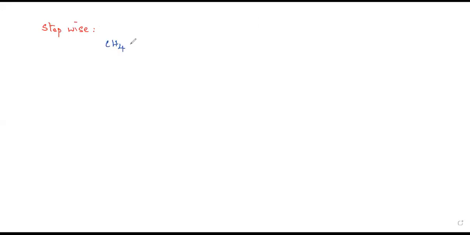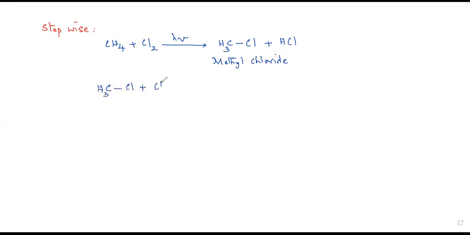See, in the first step, methane reacts with chlorine in the presence of sunlight. A hydrogen free radical is replaced by a chlorine free radical and you get methyl chloride. Right. Now this methyl chloride further reacts to form methylene chloride.